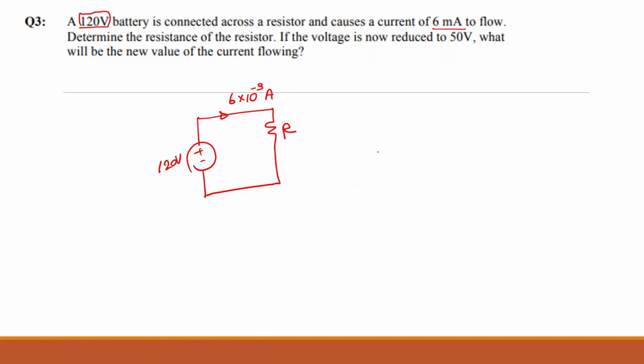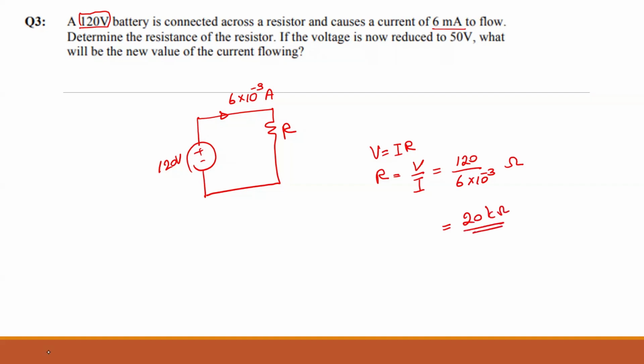So R can be found because we know Ohm's law, V equals IR. So R is V over I, which is 120 divided by 6 times 10 to the negative 3. Your answer is in ohms, so you will get a kilo ohm something. So 20 kilo ohms. Am I right?